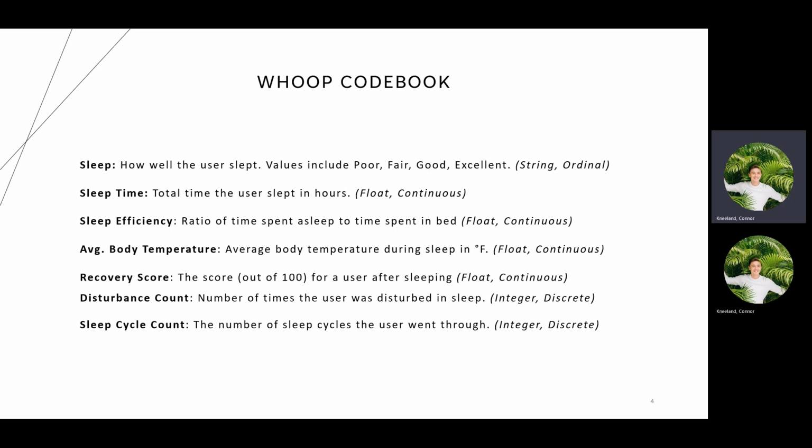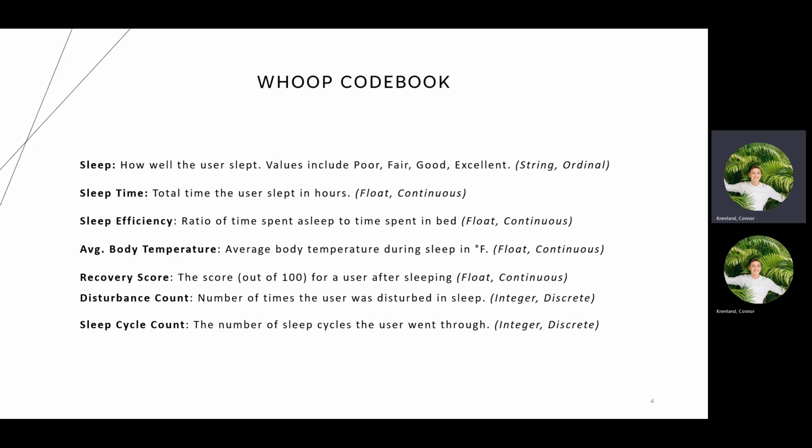Some of the features in this code book include sleep, like the word score for how they slept: poor, fair, good, excellent. The amount of time they slept in hours, or minutes even. The sleep efficiency, so the ratio of time spent asleep to the time spent in bed. Average body temperature during sleep, in Fahrenheit; this could also go throughout the night to show where it fluctuated.